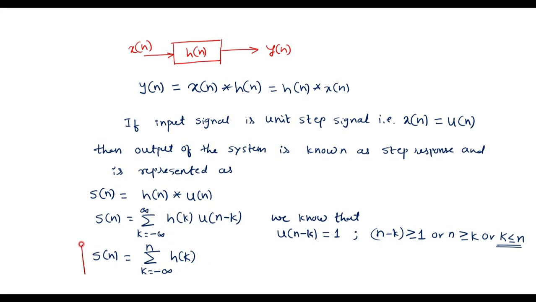Therefore, from this equation it is seen that the step response of a discrete time LTI system is the running sum of impulse responses. Here h of k represents the impulse response.